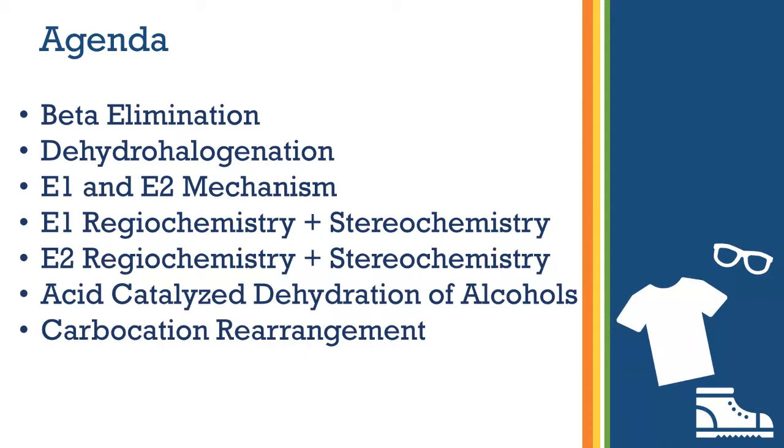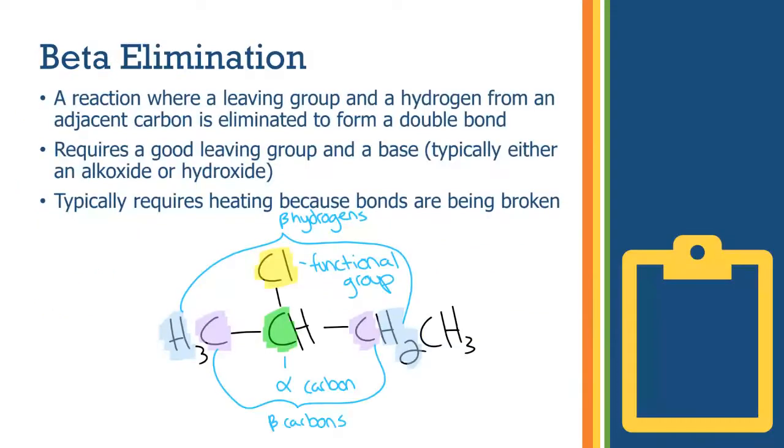Dehydrohalogenation, E1 and E2 mechanisms, and their regio and stereochemistry, and then acid catalyzed dehydration of alcohols, and then carbocation rearrangement. So again, just stop me if you have questions as I go through this.